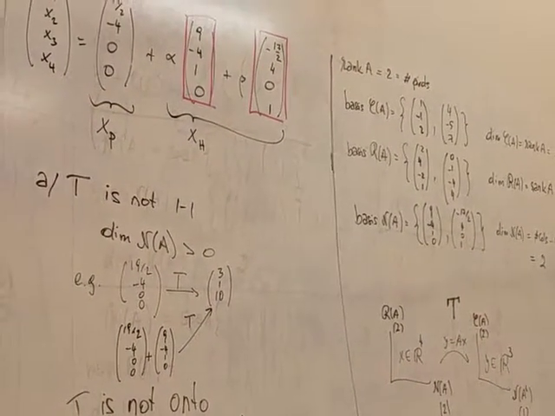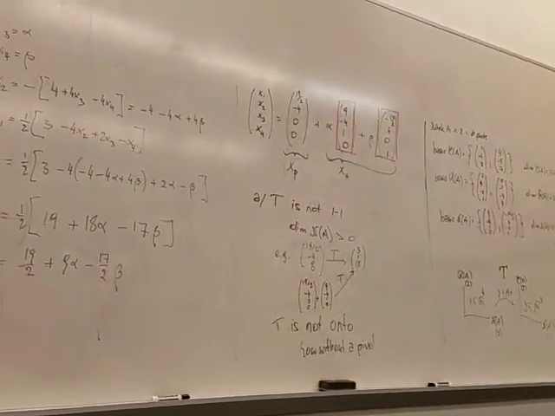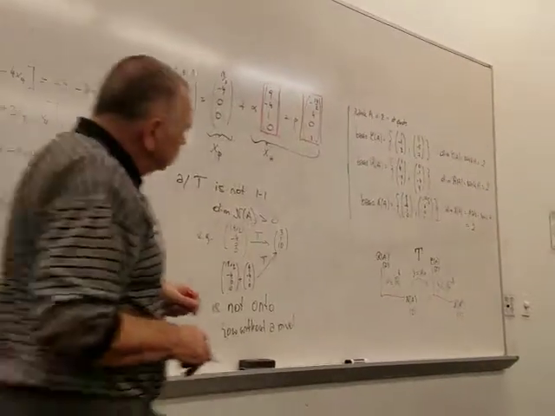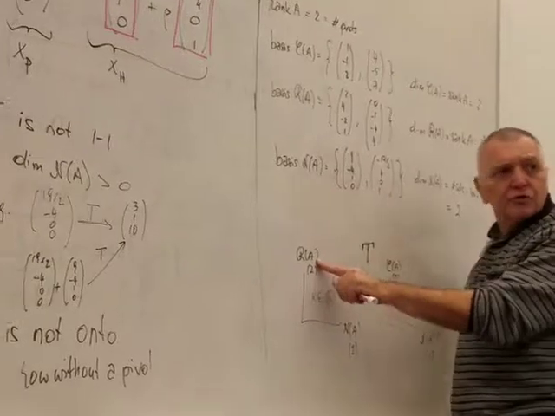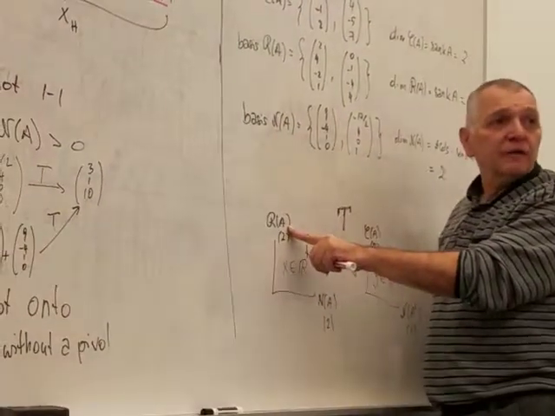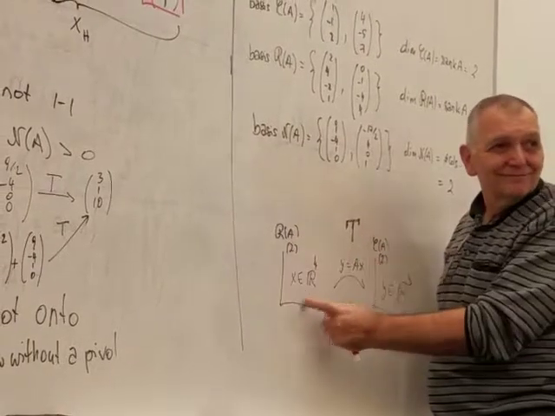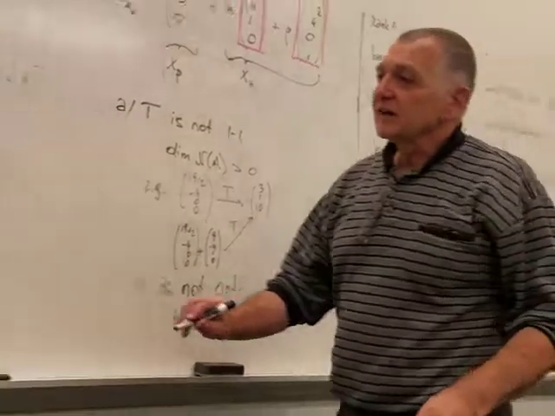Find a unit vector in R4 orthogonal to the null space of A. Orthogonal to the null space of A is the row space of A. Oh, I want to find a unit vector in the row space of A. Okay? That's what the number 4 meant. So let's write that out.